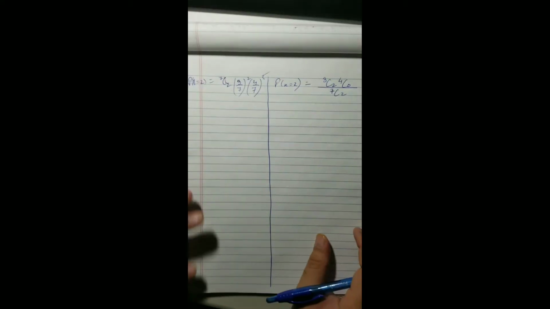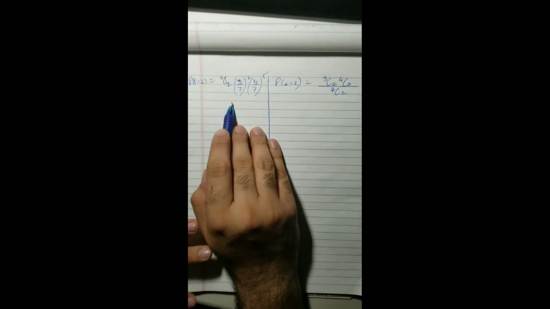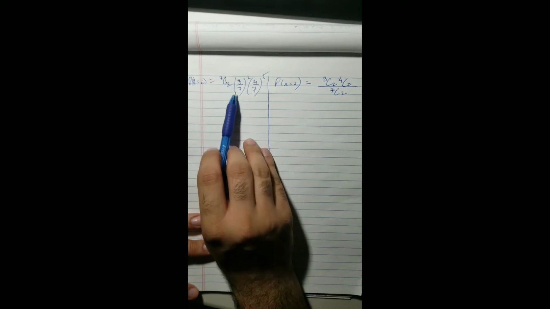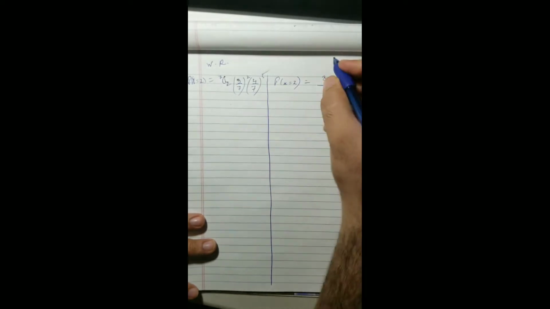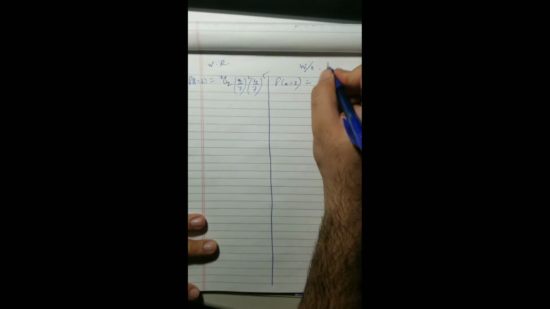So by now we calculated the probability distribution of drawing 2 red balls in case of with replacement and in case of without replacement.